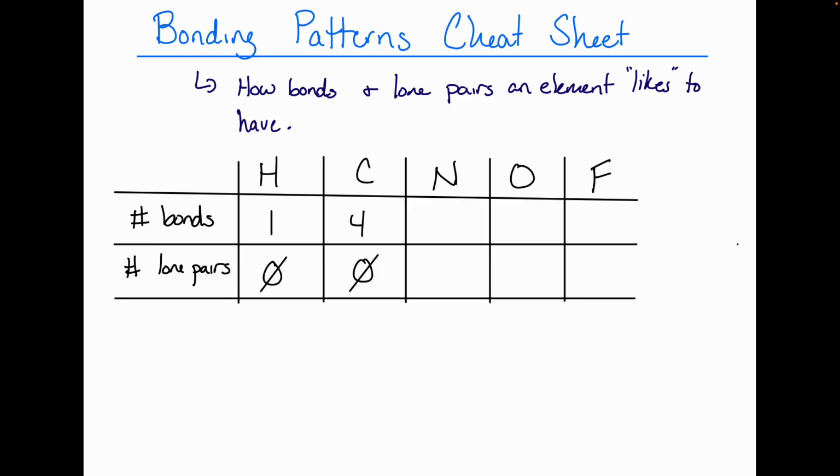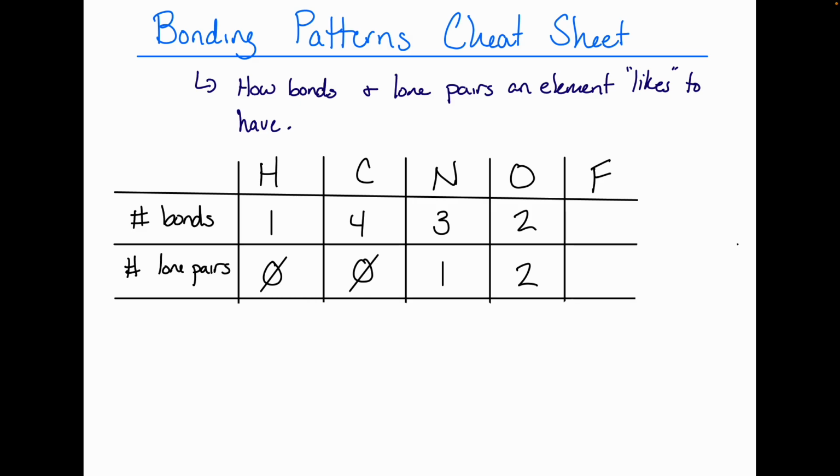For example, nitrogen, it likes to have 3 bonds and 1 lone pair. So we can see as we're going across our row here, our number of bonds decrease and our number of lone pairs increase. So by this same trend, what would we expect for oxygen? How many bonds and how many lone pairs? 2 bonds and 2 lone pairs.